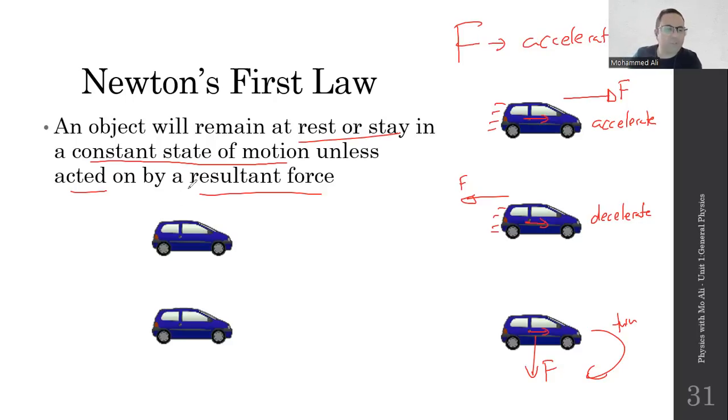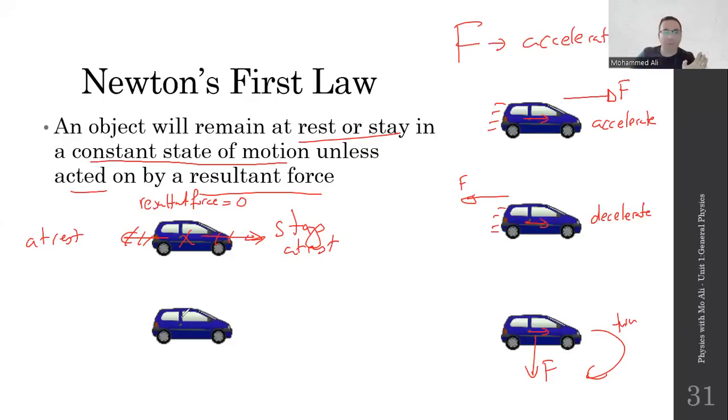But this is the most important part of it all. If the resultant force is 0, the forward and backward forces are equal, what will happen? If the object was initially at rest, meaning it's not moving, it stays at rest.